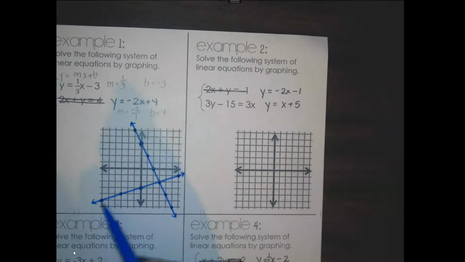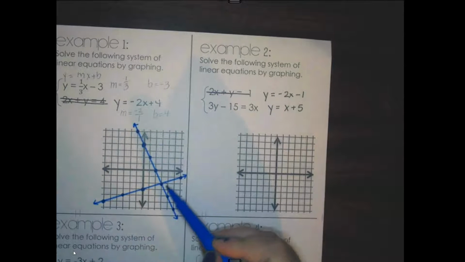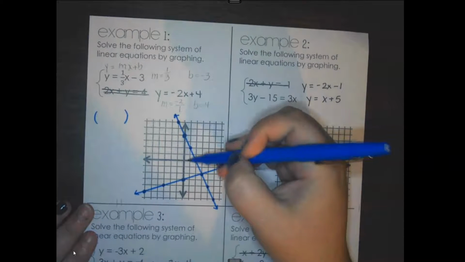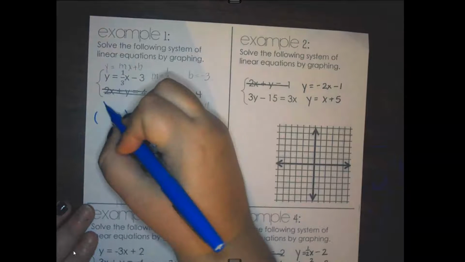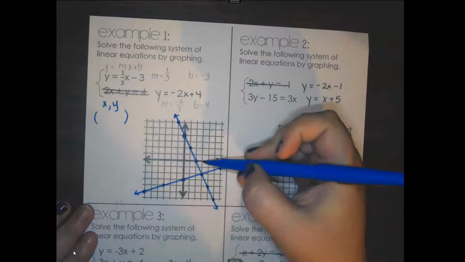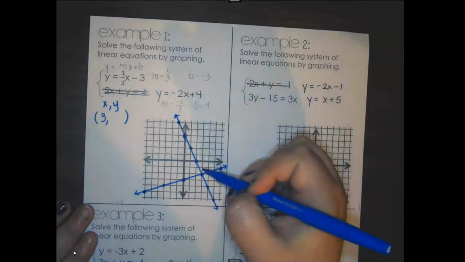So this is a solution to one of them, and this is the solution to the other one. The only place they have in common is this point. So let's look at this point. It's the x value. So remember, we do x, comma, y. Our x value was 3. And our y value was -2.